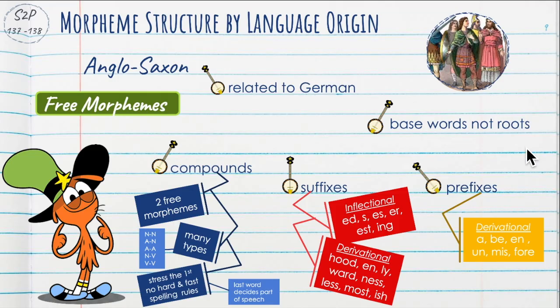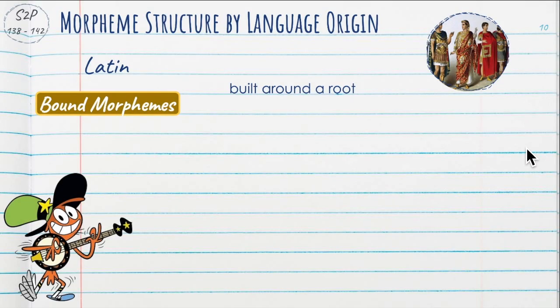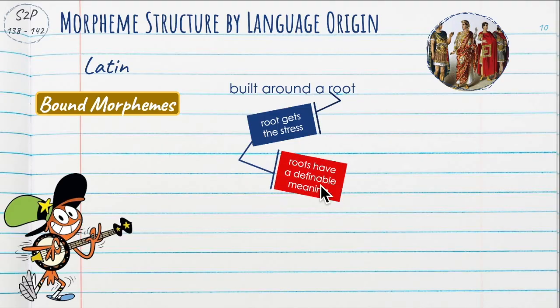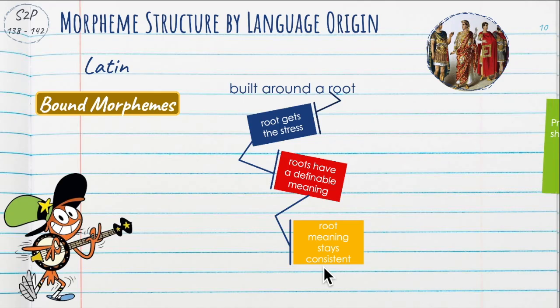Prefixes in Latin are bound. They're built to bound a root. So remember, the root gets the stress of the word. They get the core definition. They're the major center of what the word means. And that will stay consistent no matter what prefix or suffix you put onto it.